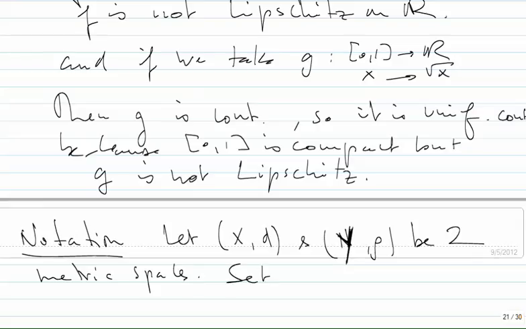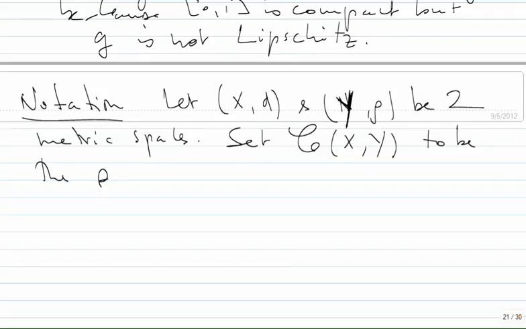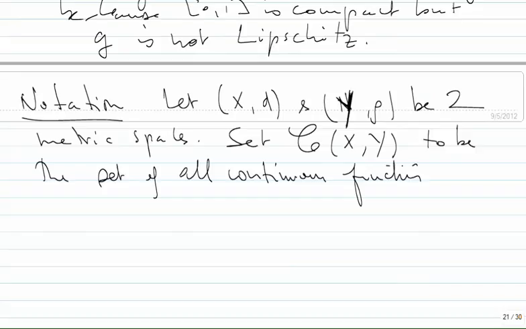Set C(X, Y) to be the set of all continuous functions from X into Y.